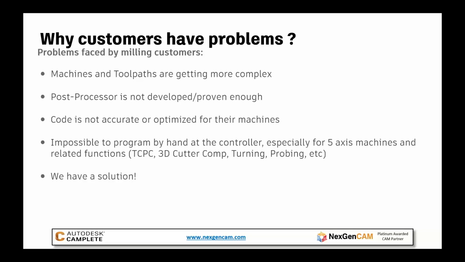And now we see a lot of introductions of 5-axis machines that have more advanced functions with TCPC, dynamic work offset, 3D cutter comp, and probing capabilities. Some 5-axis milling machines also have turning capabilities. So the boundaries of the limitations of the equipment are really blurring.